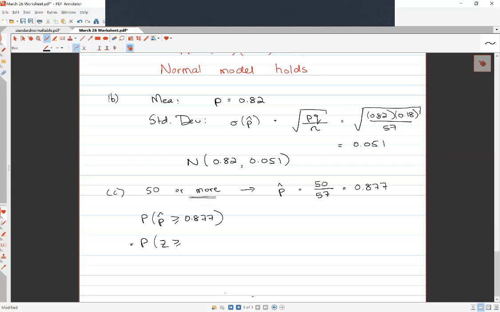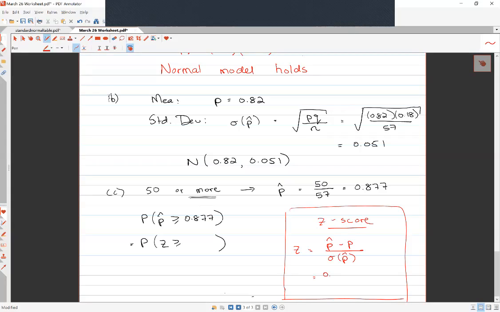I want to convert this to a z-score problem. So let's do our z-score calculation here. My z-score is p hat minus p over the sigma quantity.